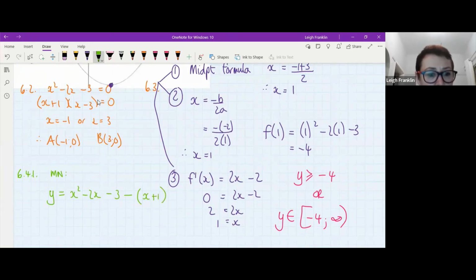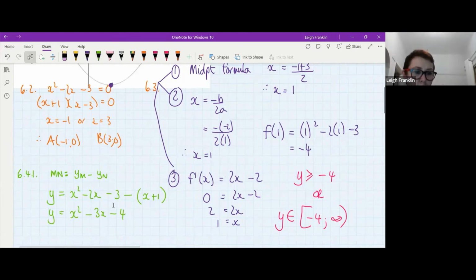Does that make sense to everybody? So MN is the y on M minus the y on N. This gives us y is equal to x squared minus 3x minus 4. Is everybody happy with where that comes from? So I've just removed the brackets and simplified like terms.